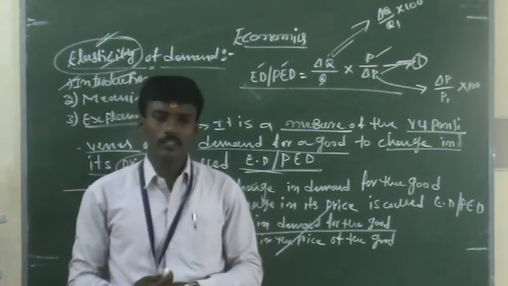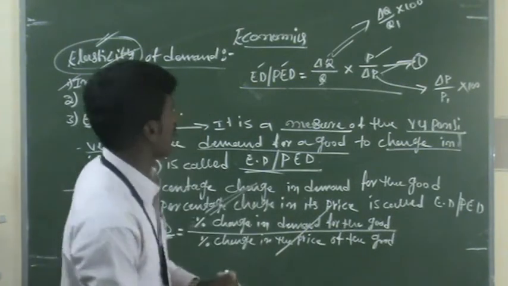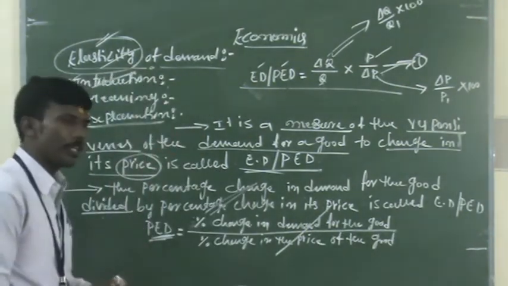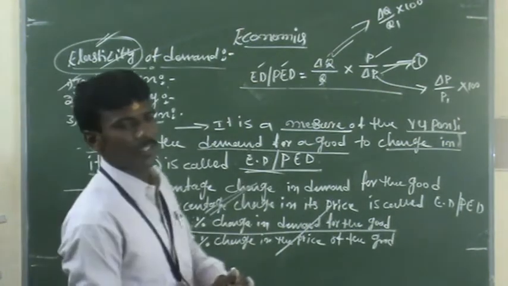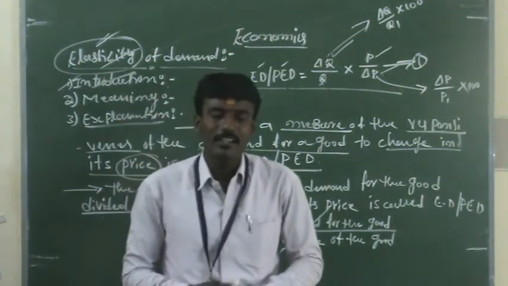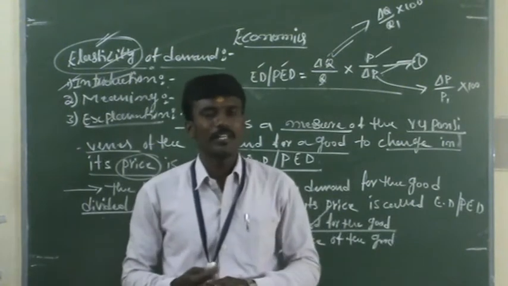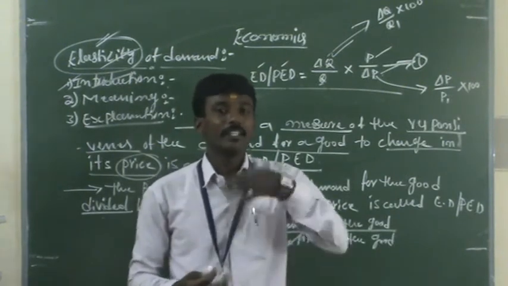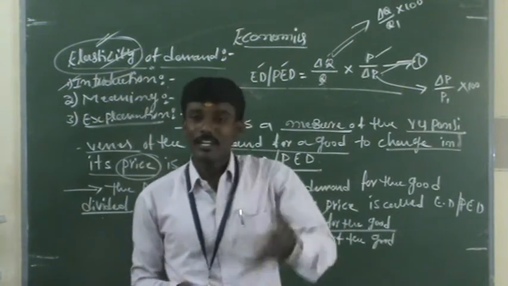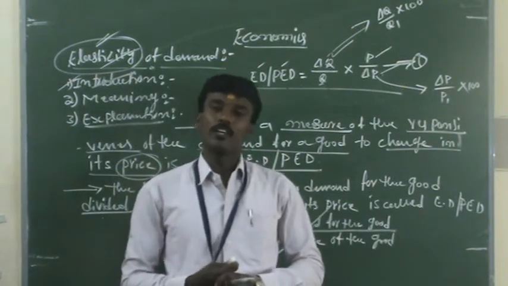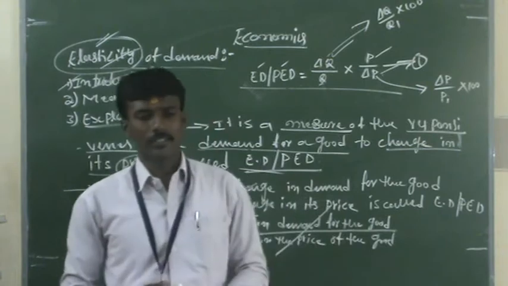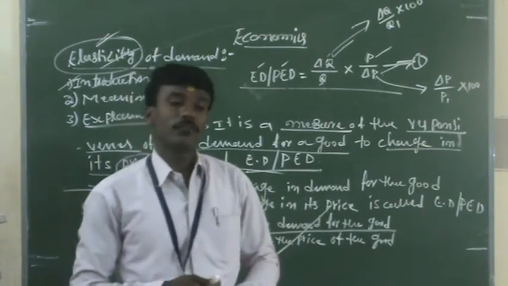Now we are going to classify it into 5 categories. As I already told, the first one is elastic, the second is inelastic, the third is unitary elastic, the fourth is perfect inelastic, and the fifth is perfect elastic.